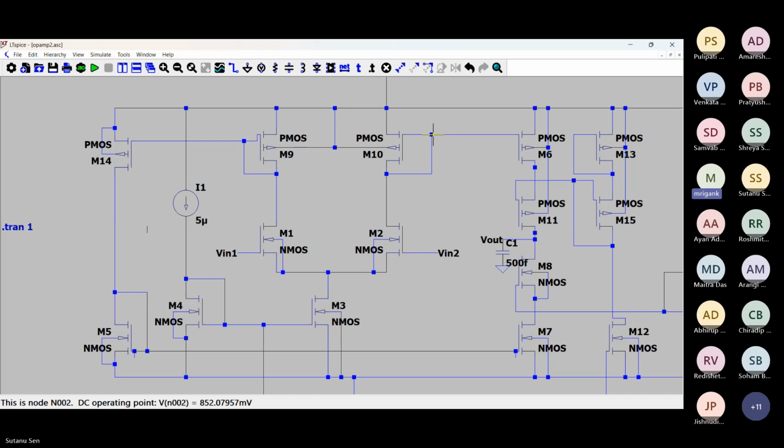There is some problem. Another thing is, can you change the body terminal of both M1 and M2? This should not have much effect, but connect it to ground. All the NMOS body terminals, connect to ground. It will not be connected to source. Yes, sir. The remaining are not connected.